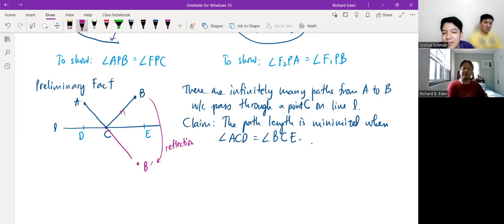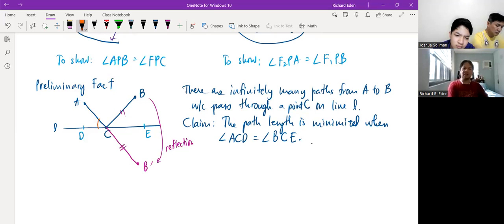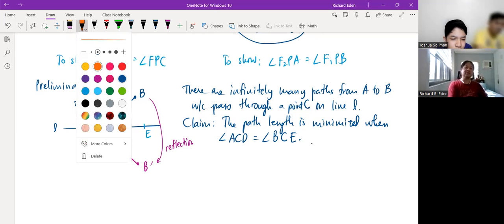And if it's a straight path, then the angle here will be the same as this angle here. But because of the reflection, the angle here below will be the same as this angle above. All right. So that's why you're going to have equality.